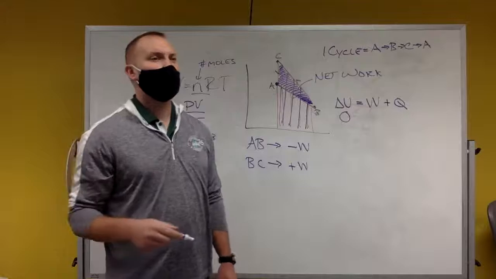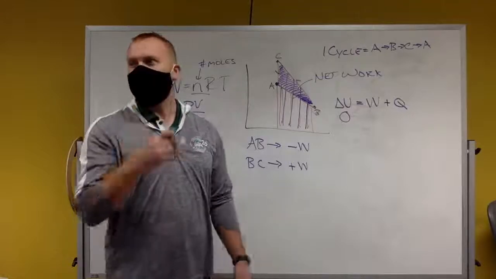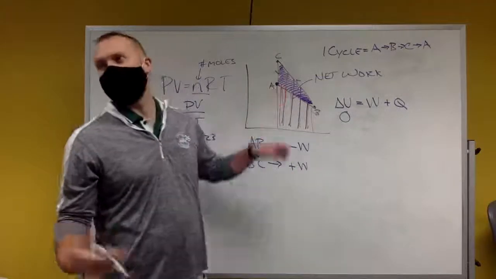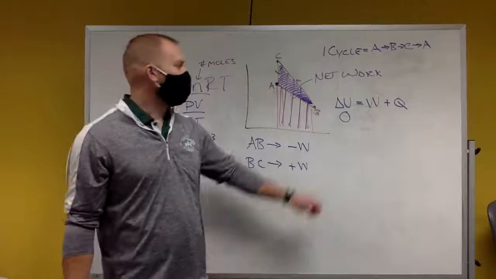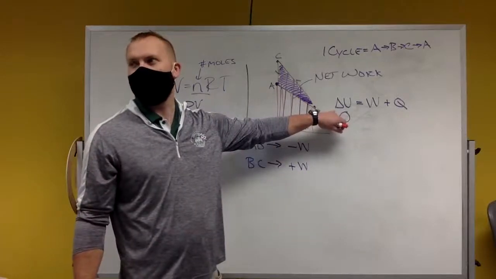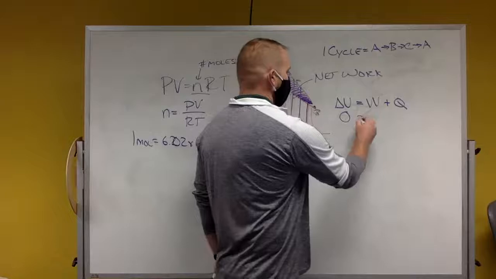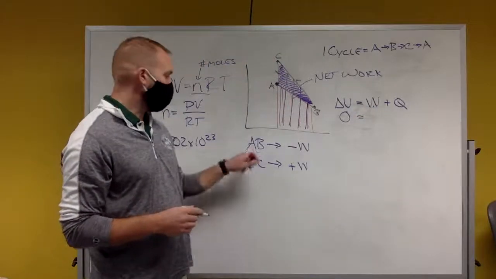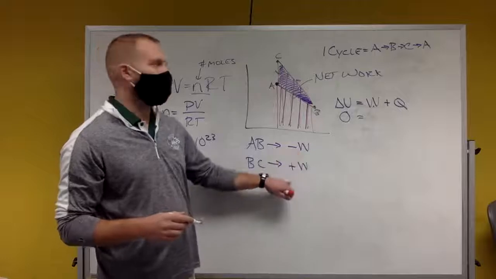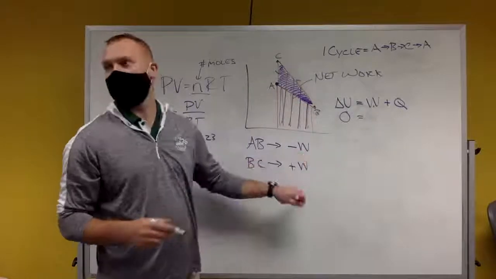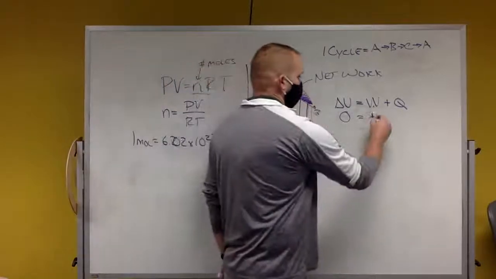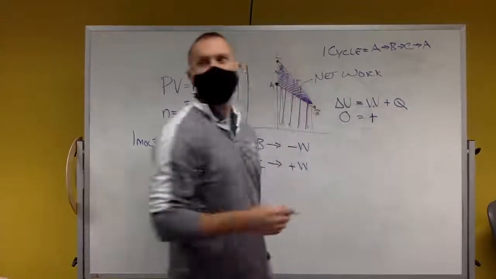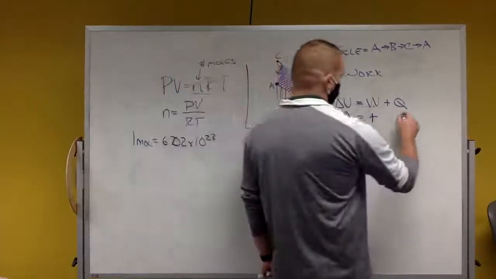Because temperature's the same at A. PV at A still equals PV at A. So this is 0. What about my net work done? We already said A to B is negative, B to C is positive. B to C has more than A to B, so work is positive. So what's Q?